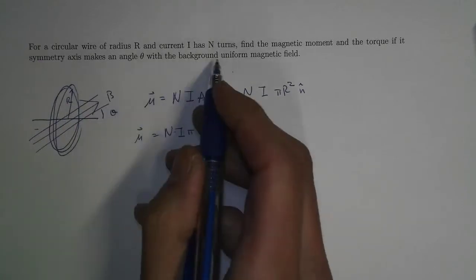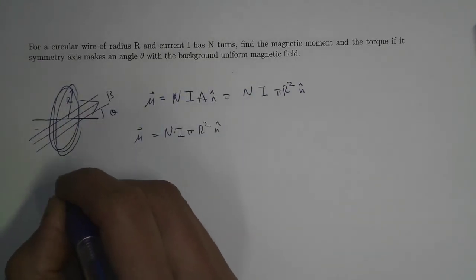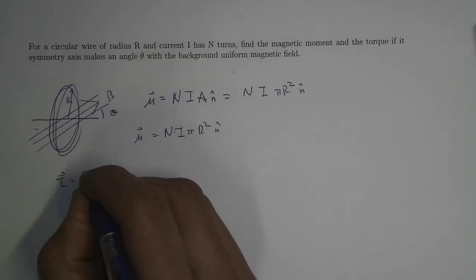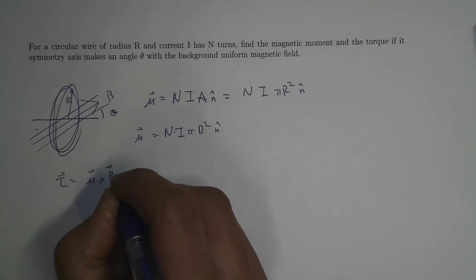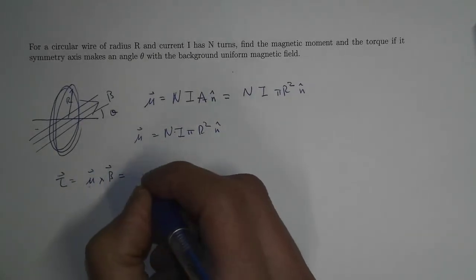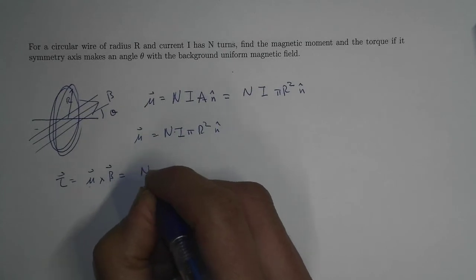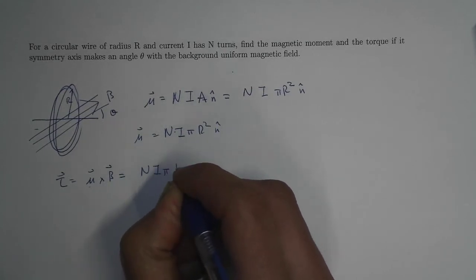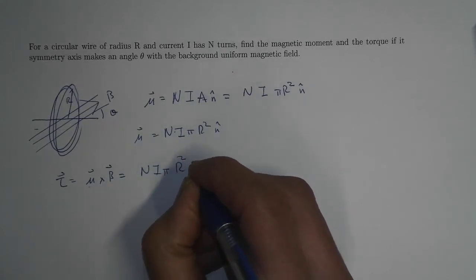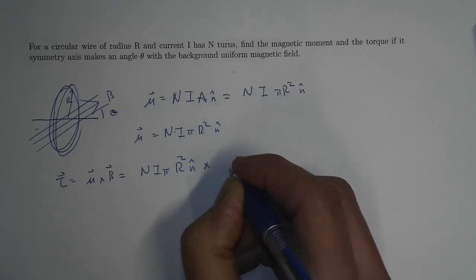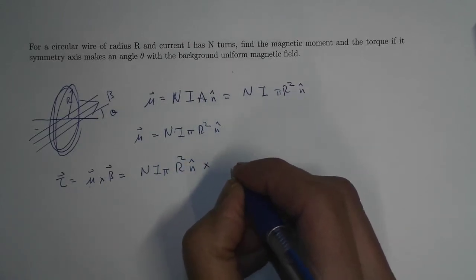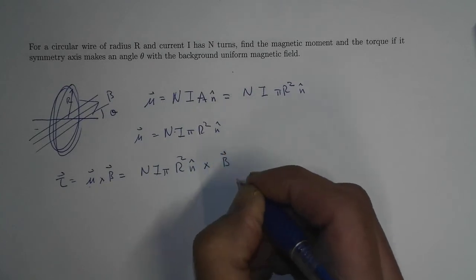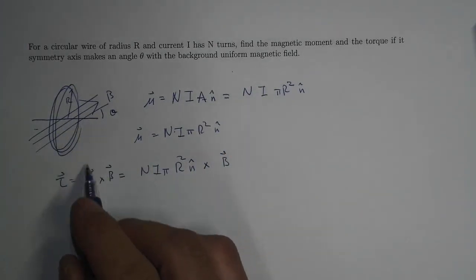Now for the second part, let's get the torque. The torque is going to be equal to mu cross the B field. So this is going to be n I pi r squared n hat cross the B field. Now the B field is in the XY plane.